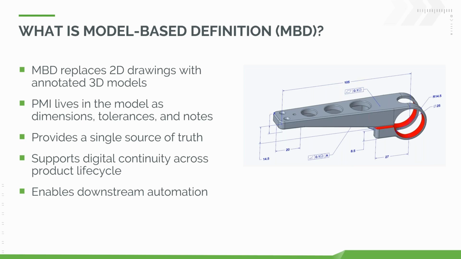We have one. Also, downstream automation is important because we don't have to convert a 2D drawing back to 3D in order to manufacture it, or to place it on some sort of manufacturing machine, 3D printer or otherwise, either subtractive or additive manufacturing operations. We can directly use the model.